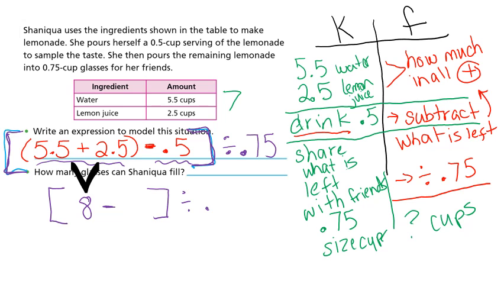I'm going to rewrite this whole question because I still have to do what's inside these brackets before I can move to the outside. So I know 8 minus 5/10 is going to give me 7 5/10. So I did my brackets here, and now I can get rid of them.